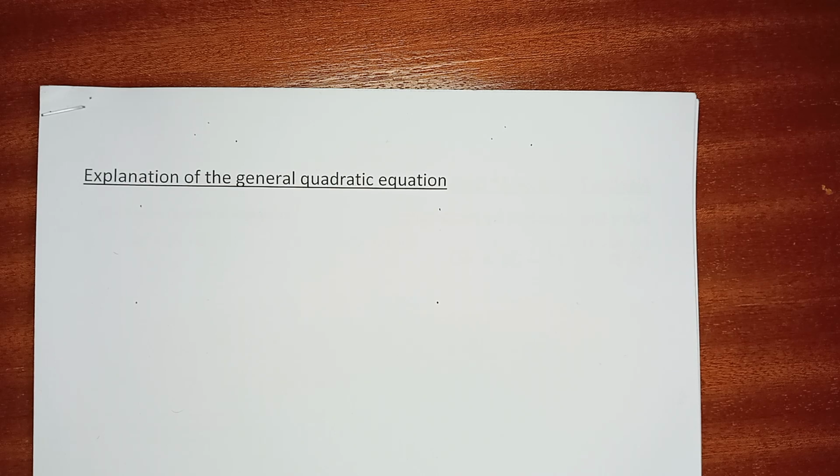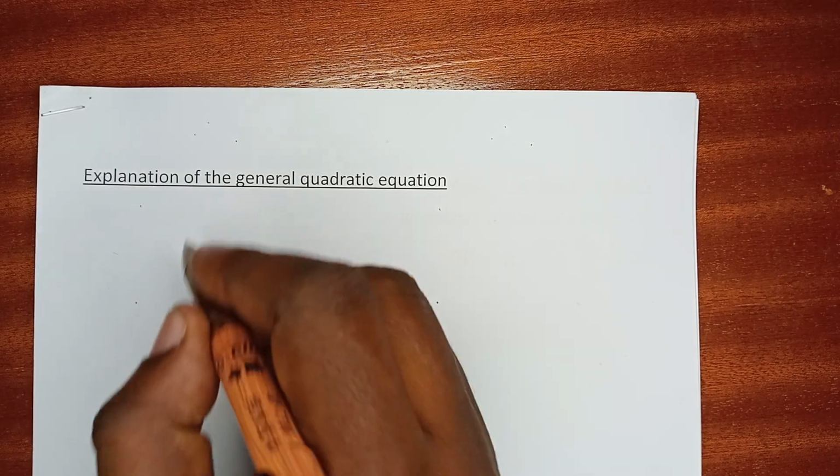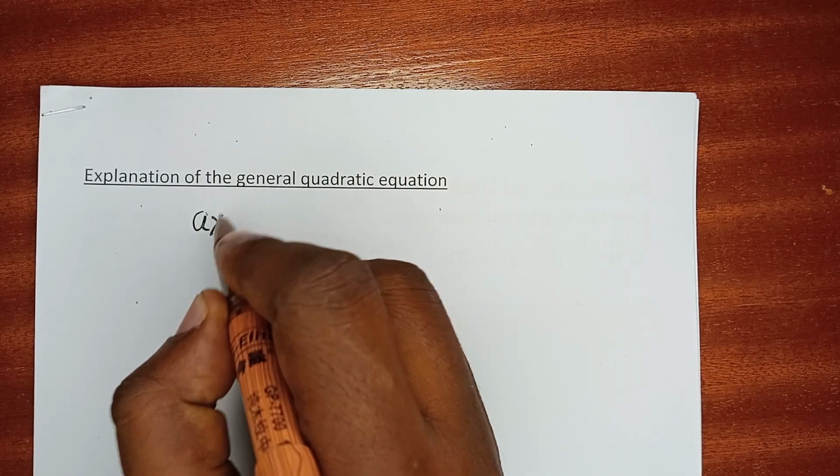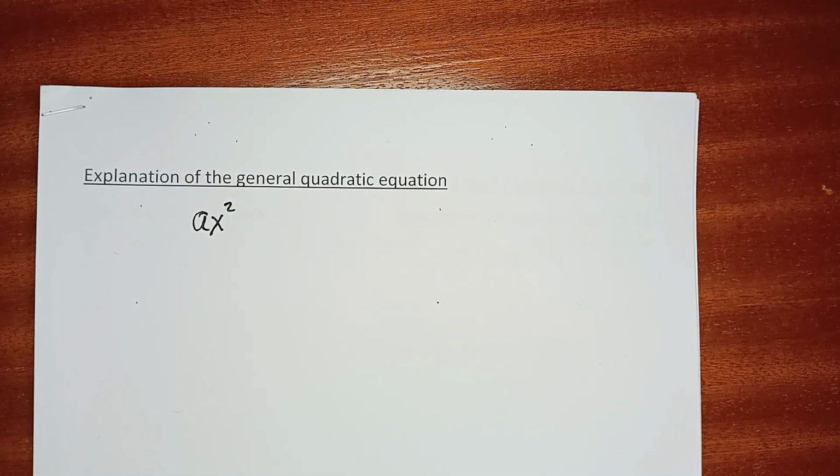Kamotho. And in the very first video of this topic, which is Algebra 7, I chose to explain the general quadratic equation. Any equation that qualifies to be a quadratic equation must have the feature of x squared.